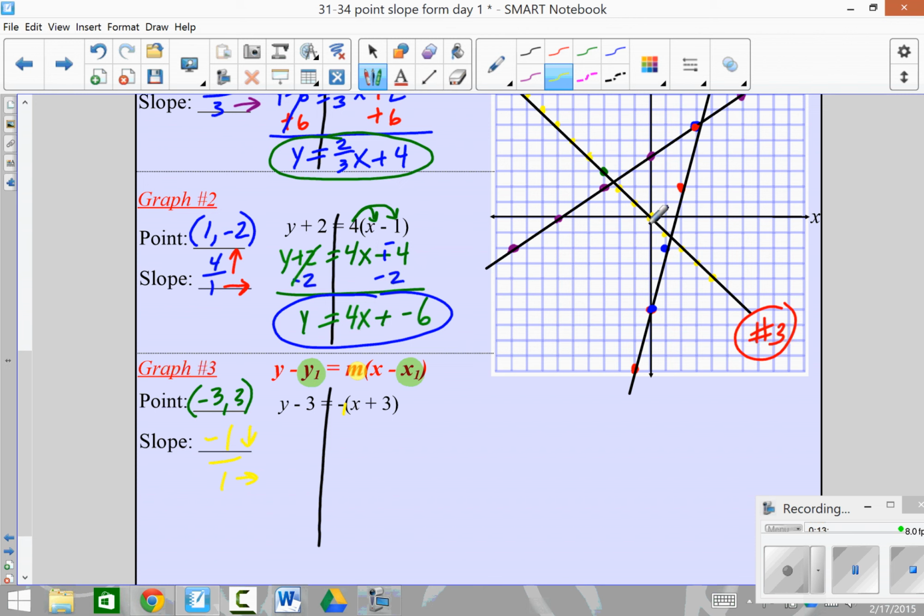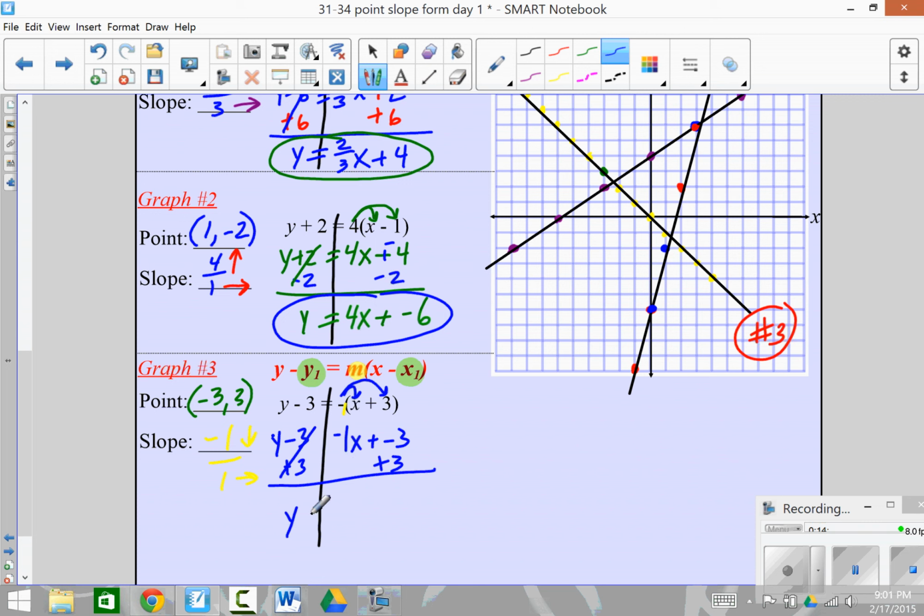Down 1 over 1. And then the last step I wanted to do is rewrite this in slope-intercept form to make sure the m and b actually match. So if I distribute here, do this quickly. Negative 1 times x is negative 1x plus negative 1 times 3 is negative 3. And to undo this minus 3, we added 3 to both sides.